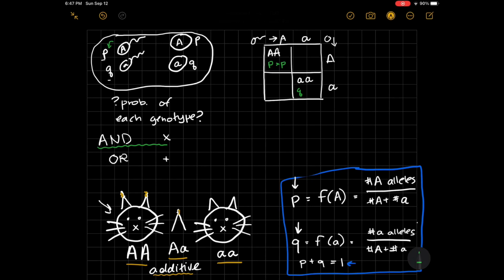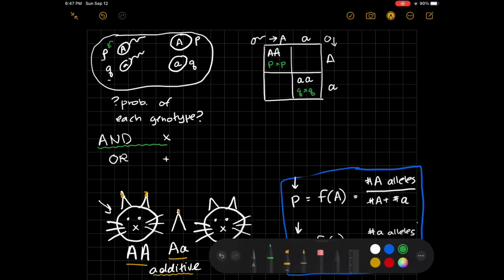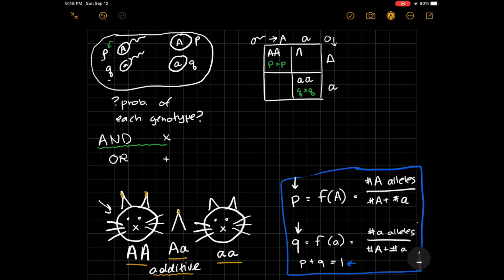Same thing for a little a, little a. We're going to have the probability of Q getting a little a times the probability of Q getting another little a. So little a sperm frequency times the little a egg frequency, Q times Q. We've got two possibilities left, but they're both going to give us the same genotype. So that's going to get interesting.